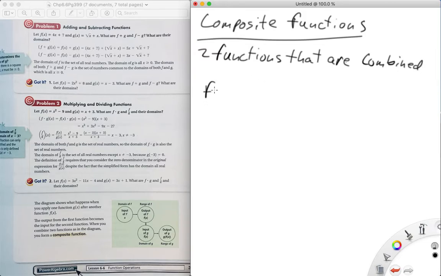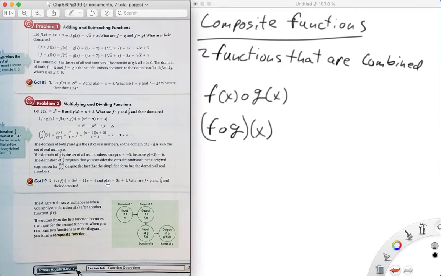And it's done in the way of f of g. So f of x, g of x. Or I've seen it done f of g of x, where that little circle symbol is called a composite.